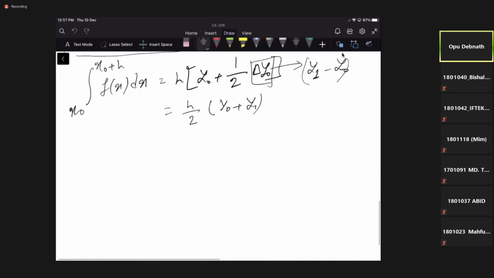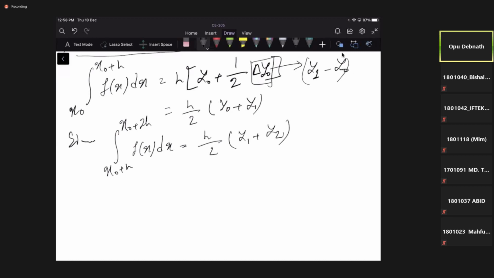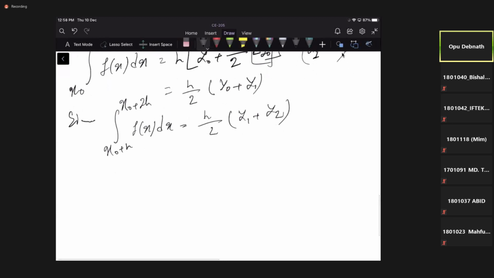Okay, so similarly you will get the integral from x0 plus h to x0 plus 2h, f of x dx. In a similar manner, you will find h by 2 (y0 plus y1). Here you will find y1 plus y2, because x0 plus h is x1 and x0 plus 2h is x2.